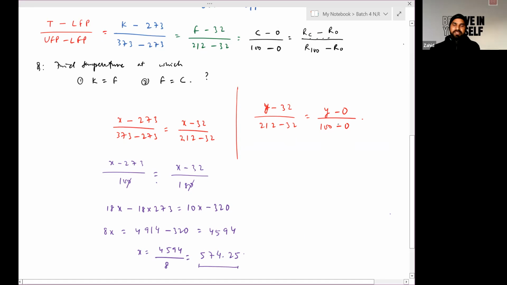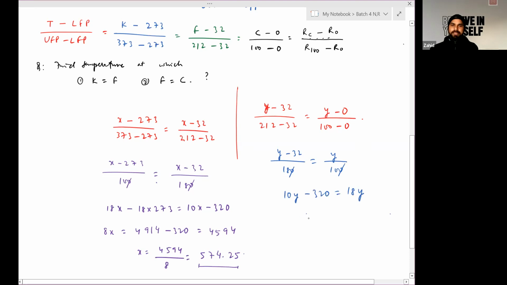Similarly, we can find y in the second expression as well. (y minus 32) divided by 180 equals y over 100. So this 0 and this 0 will cancel out. Just cross multiply it. 10y minus 320 equals 18y.